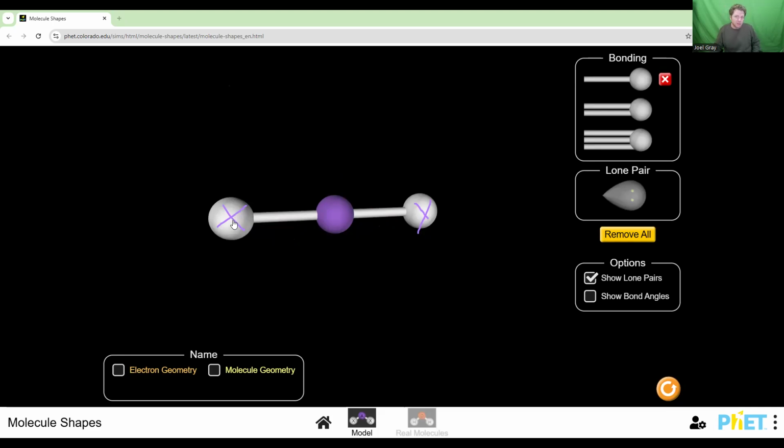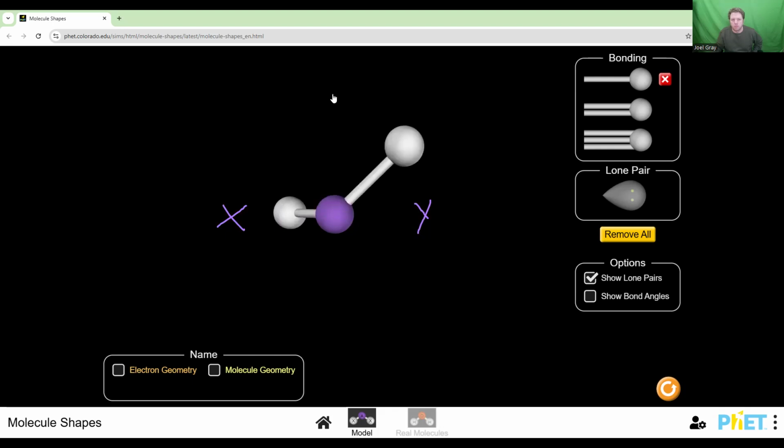The electrons that are between my purple atom and my X atom, what are they going to do? They're going to repel any other electrons. And the only other electrons in this case are between my purple atom and my Y. So let's click on X and I'm going to move quickly to move it towards the Y. Oh, oh man.